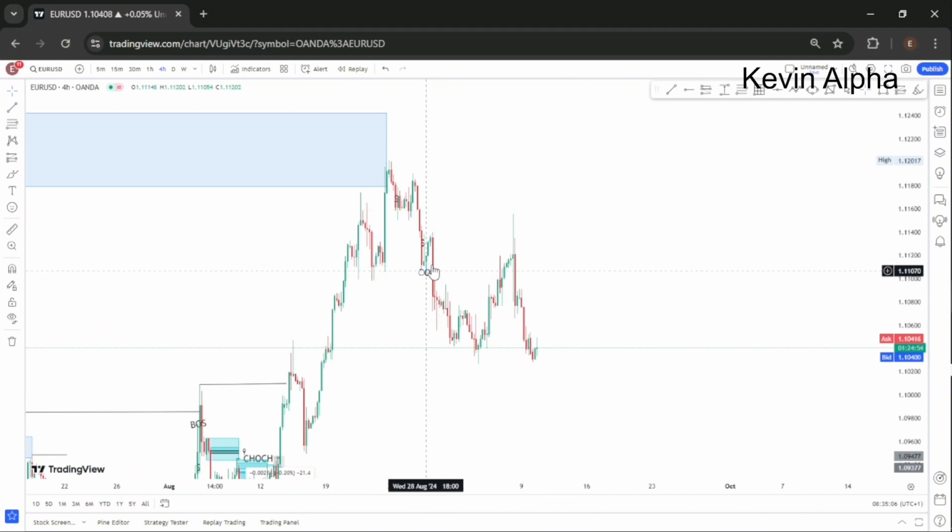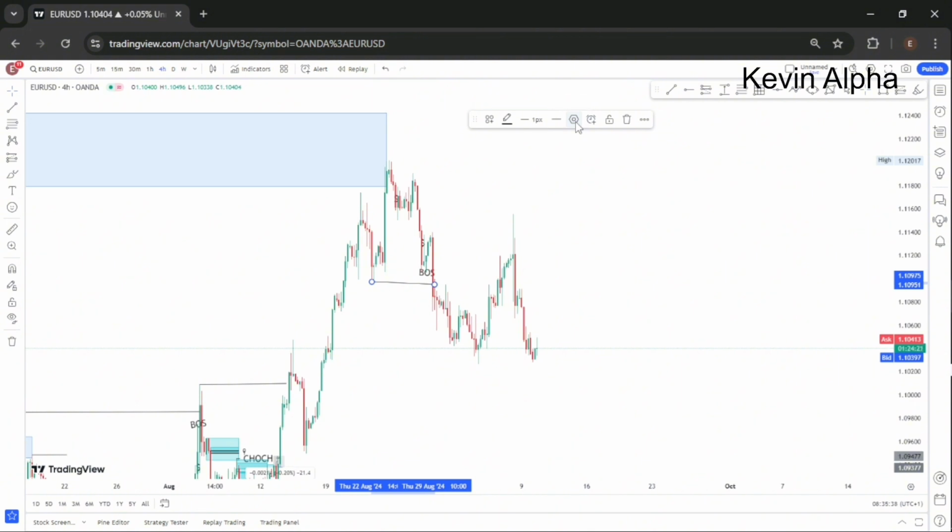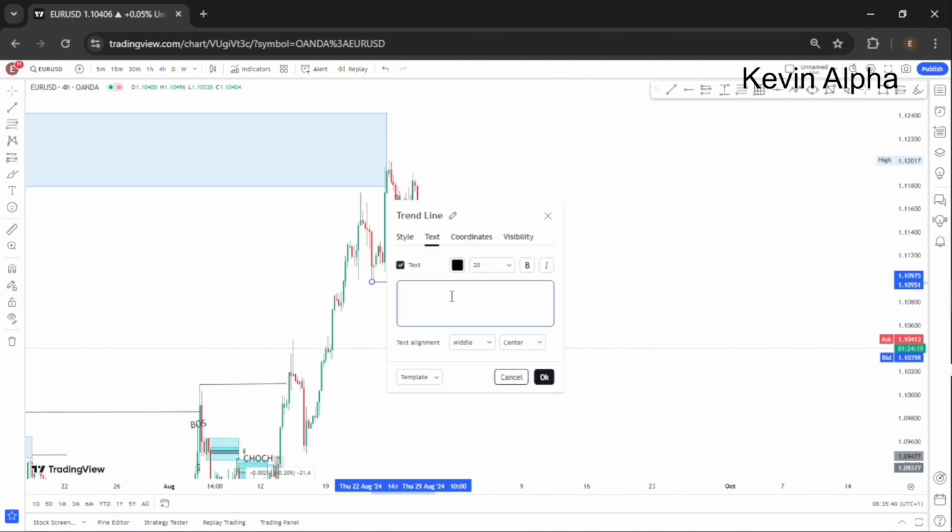When it mitigated the order block and changed direction, the last pullback in this case will not be the inducement. At least we're not expecting it to continue in that particular direction. The last pullback will be our chalk.